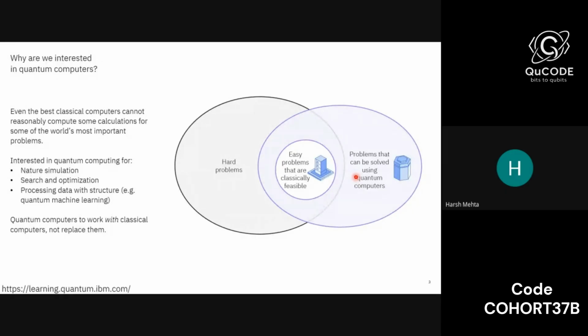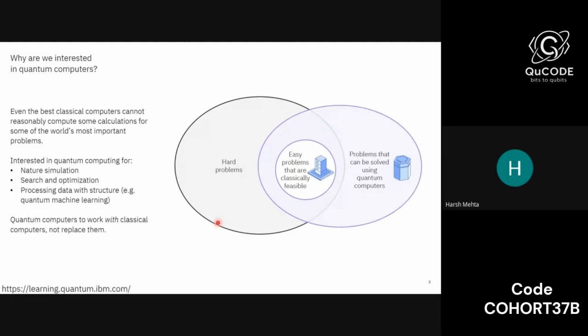There you rely entirely on quantum computers. However, there is a class of problems where your classical computers are good enough, so you don't need to go into the realm of quantum, because in those problems quantum will not give you any advantage over classical.